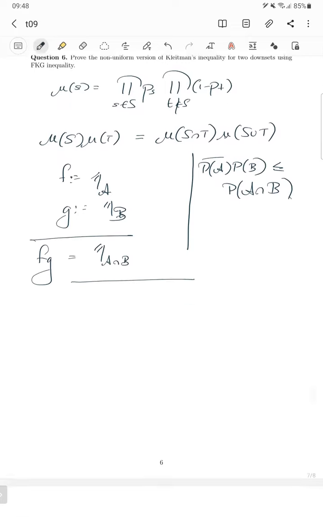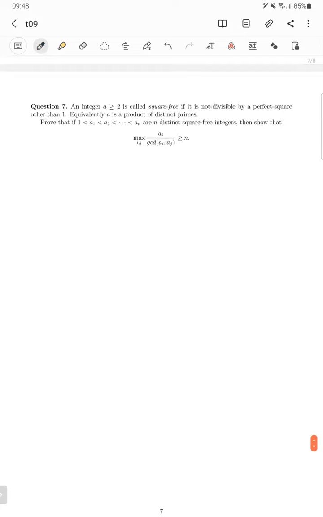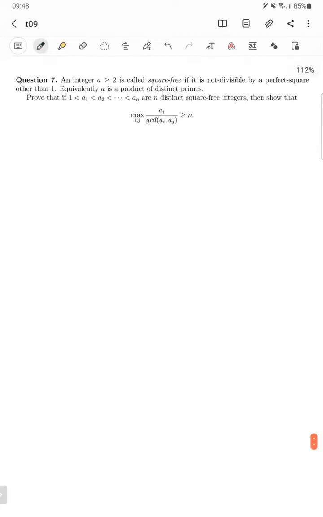Okay, so that takes us to the last question. This is where I was rushing, mainly because I was not very sure how many of you would have solved this. Did anybody get an answer for this, a proof for this? So this is in the PDF that was sent.